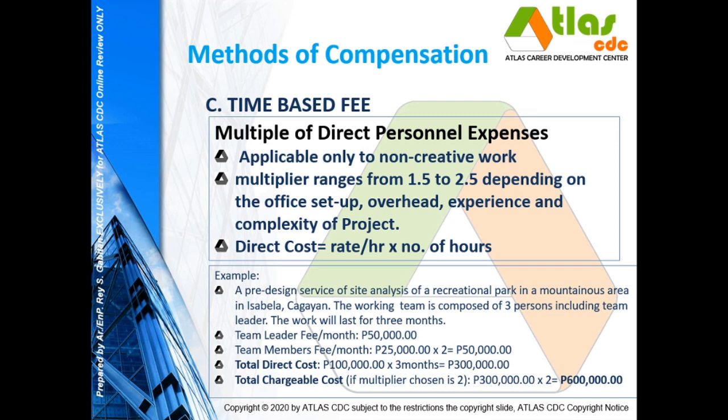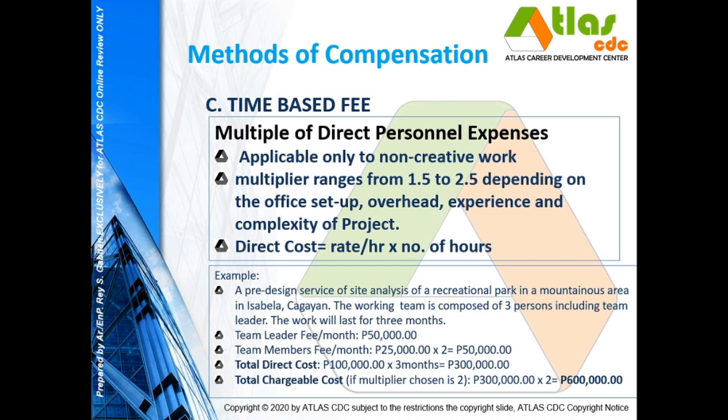Now, that direct cost will have to be multiplied by the chosen multiplier to come up with a chargeable cost. So, the total chargeable cost will be 300,000 times 2, which is 600,000 pesos. So, that is now what you're going to charge your client.